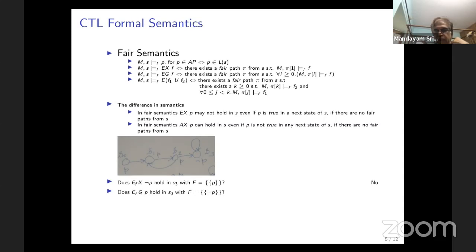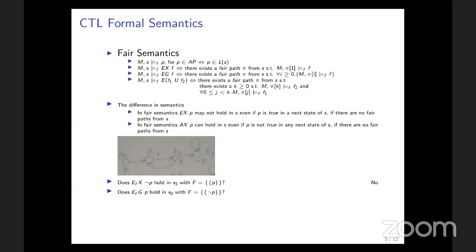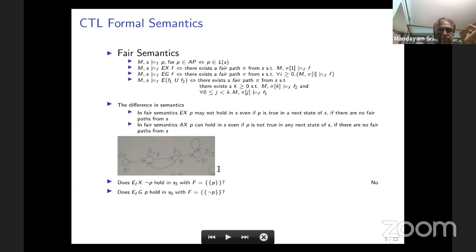So does EF of G of P hold fairly in S0, if my fairness constraint is not P? This is also not true, so the only fair paths are the ones where P holds.